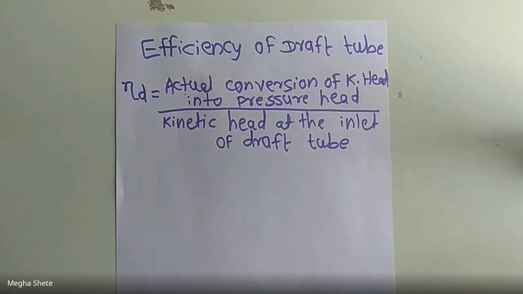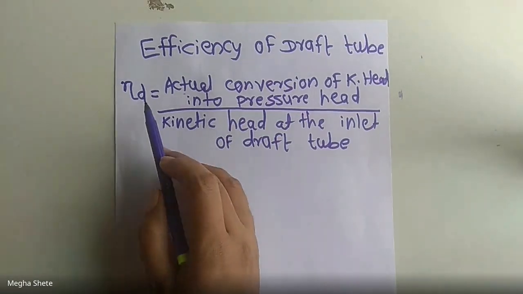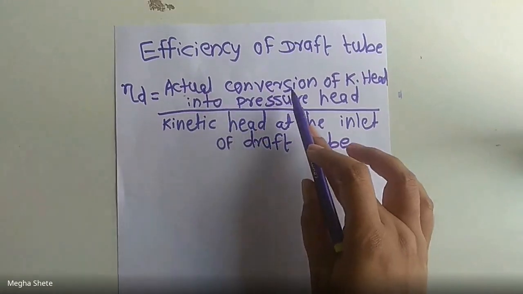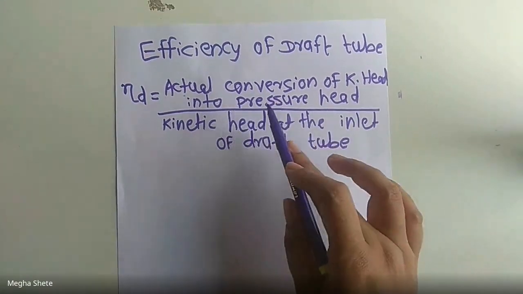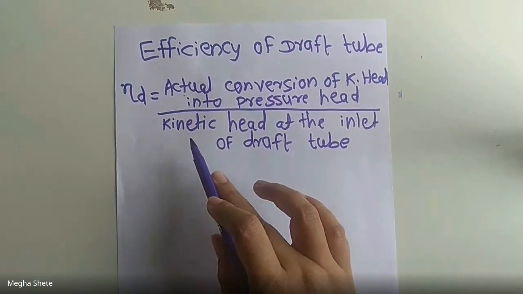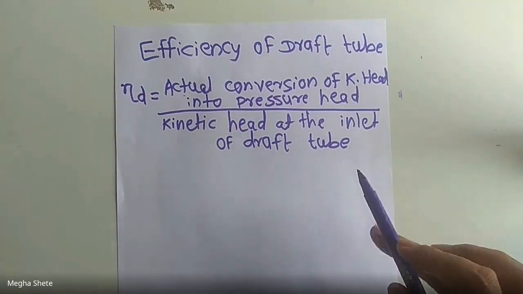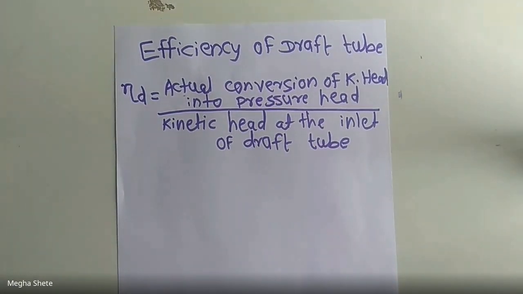Therefore, it is mathematically written as draft tube efficiency is equal to actual conversion of kinetic head into pressure head divided by kinetic head at inlet of the draft tube.